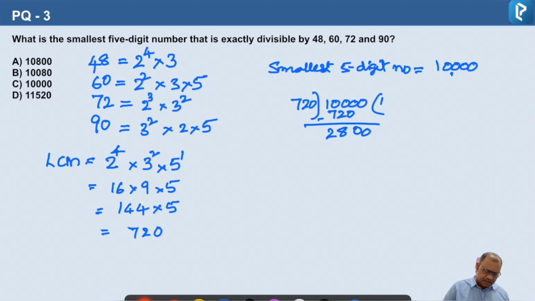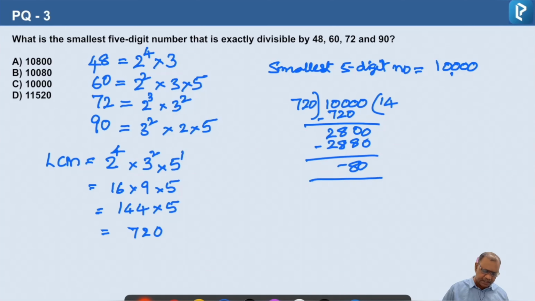So let us see 4 times. 4 zeros, 4 twos 8, 4 sevens 28. So 2800, if you subtract, you will get minus 80. So that means if you add 80 to 10,000, that becomes divisible by 720.